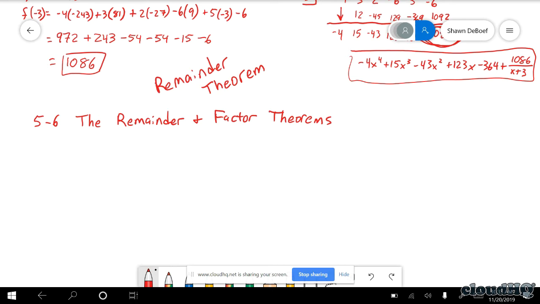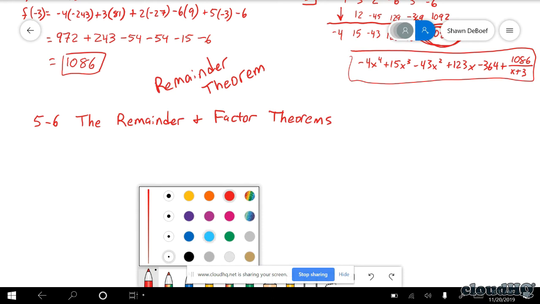So the remainder theorem I just showed you up above. But let's go ahead and apply it a couple more times.